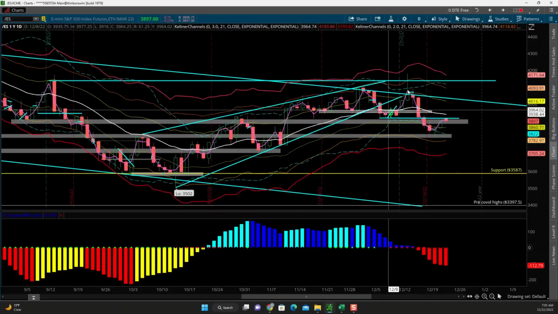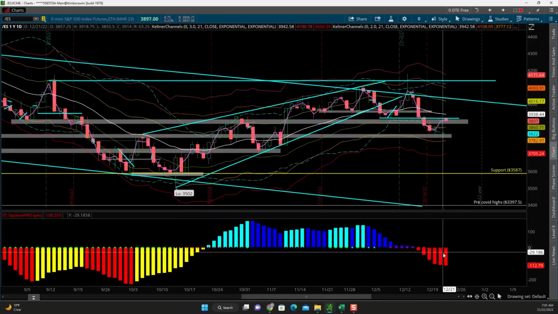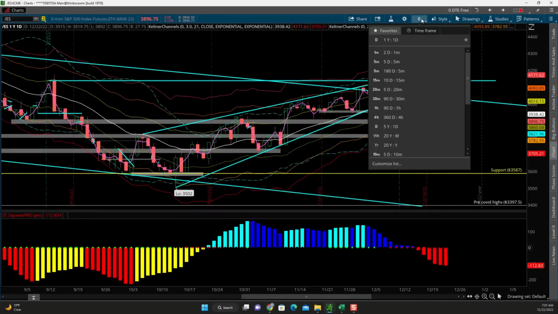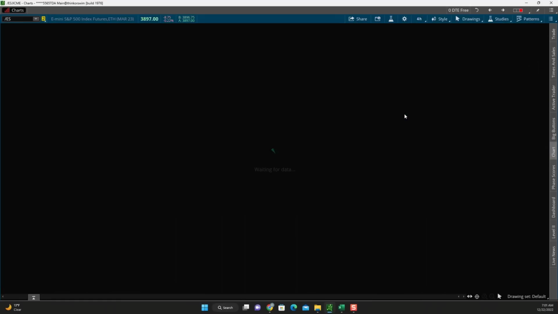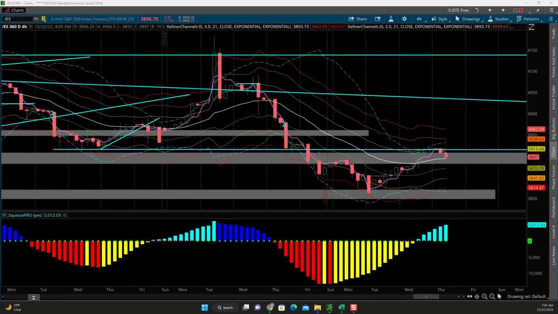So now that the trend has turned lower and we're at the 21 EMA with bearish momentum on the squeeze, maybe a good indicator would be watching the 4 hour. If these bars start to turn dark blue, that will show this is shifting to the downside, and then the daily squeeze is still in play. So that's the broader look at this.